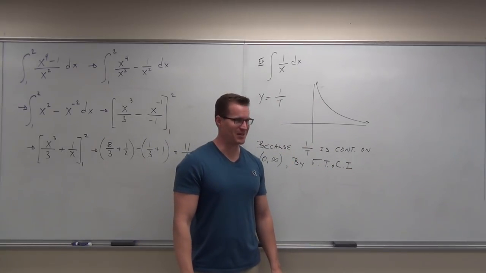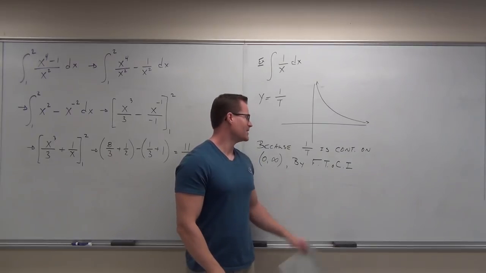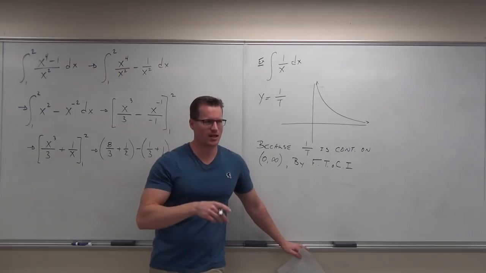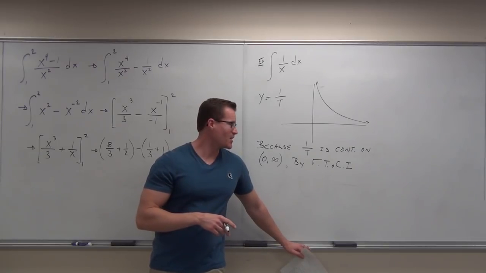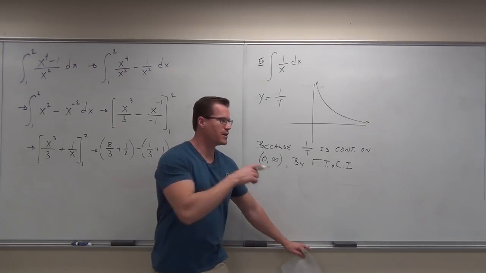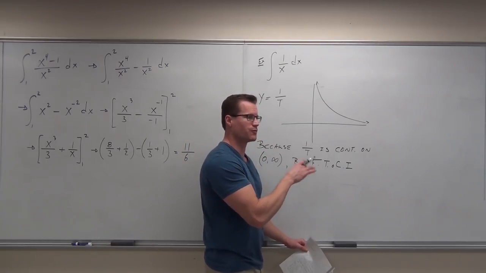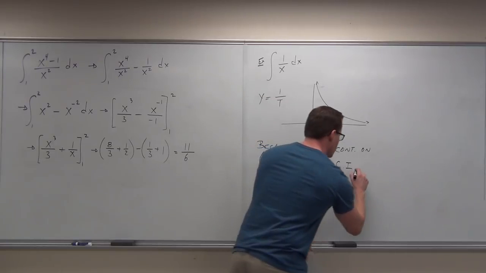Fataki, I made that up. By fundamental, it sounds kind of cool though. I think it'll catch on. My YouTube people will make sure it catches on. By the fundamental theorem of calculus part 1, we must be able to find some differentiable function that gives us this thing.